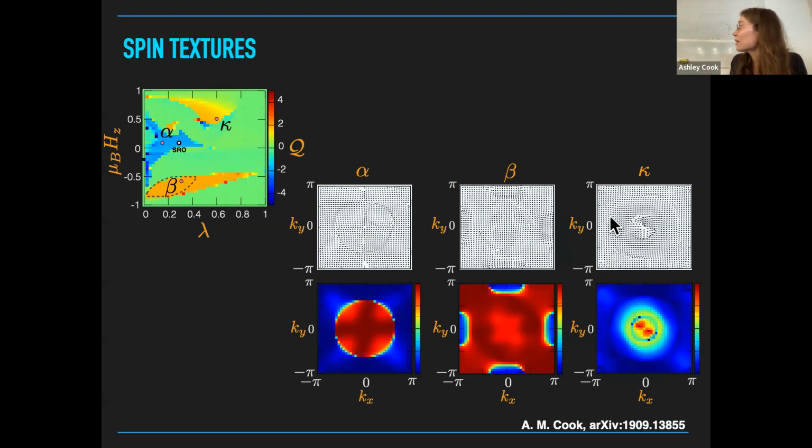And then at kappa, you see what looks like it might be effectively a charge 2 texture resulting from two charge 1 Skyrmions. Although, as I said, there's something interesting that happens here that leads to the continuous phase transition. And so basically it's not a full Skyrmion. I'll leave that as a hint as to what's going on.